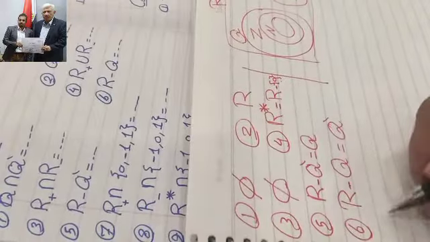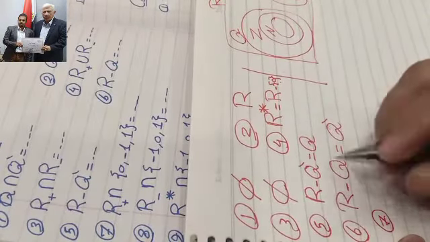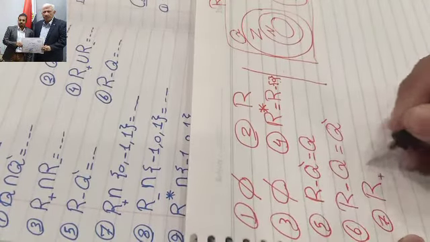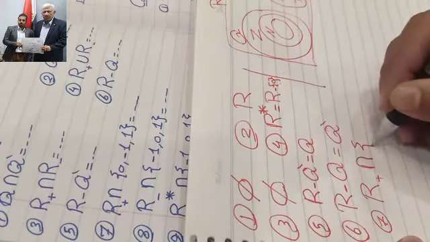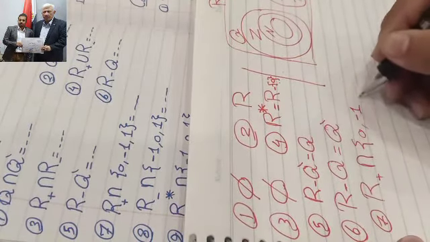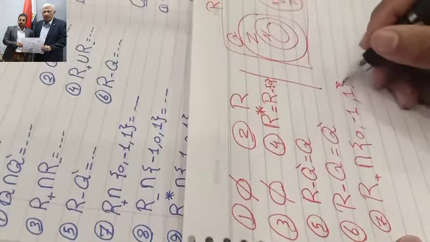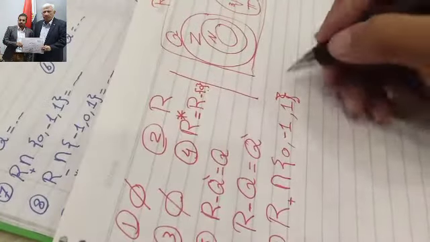Then R positive intersect the set {0, negative 1, 1}.